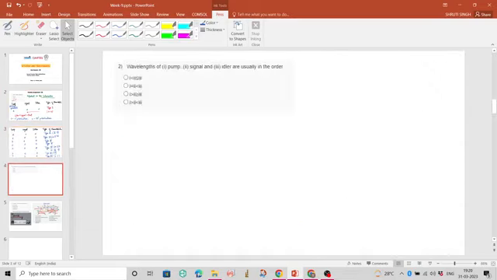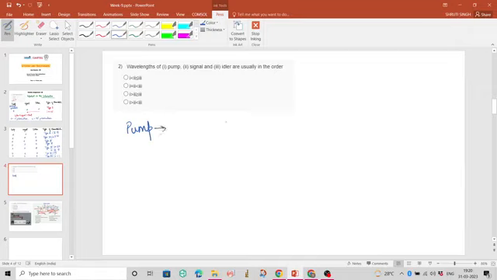The next question is, wavelengths of pump, signal and idler are usually in the order: 1 less than 2 less than equal to 3, 1 equals 2 is less than 3, 1 greater than 2 greater than equal to 3, 1 greater than 2 less than 3. So we have pump.